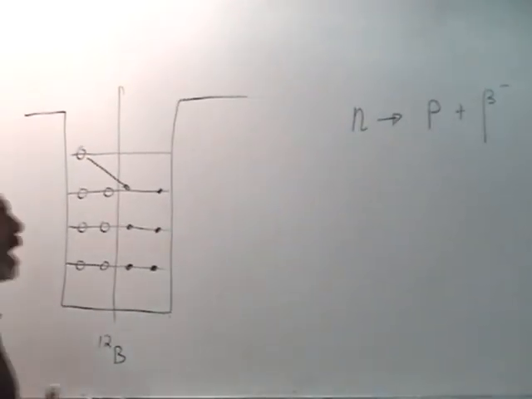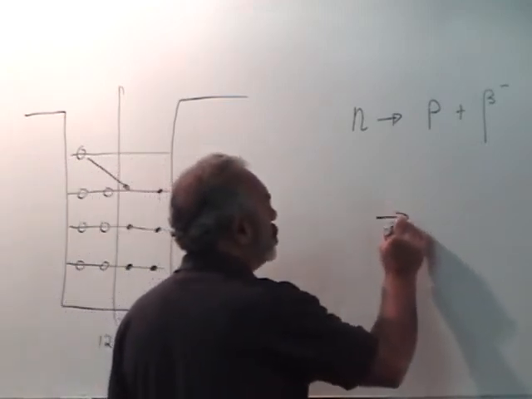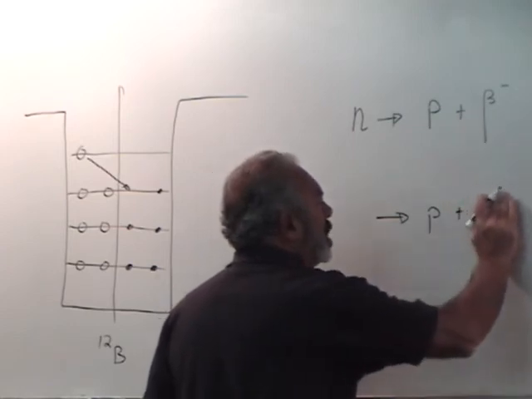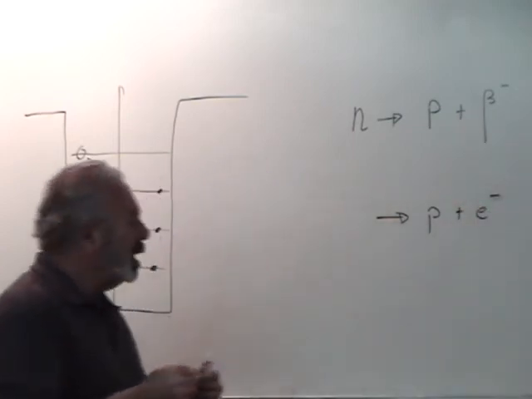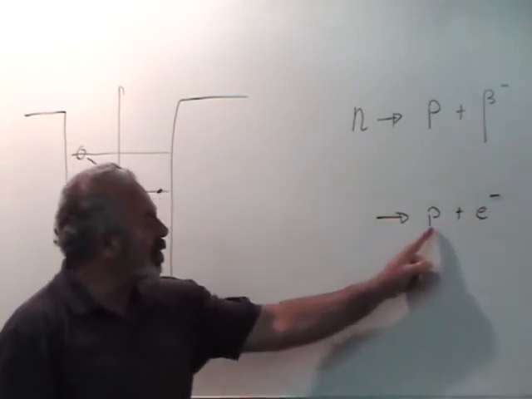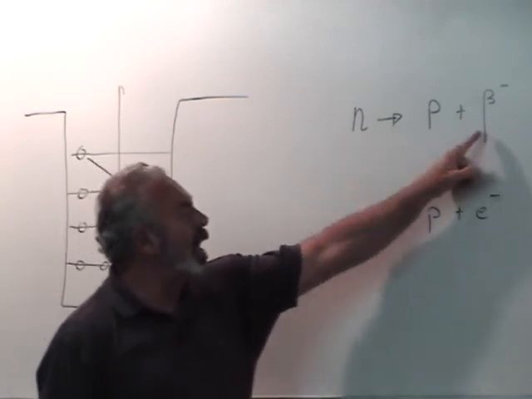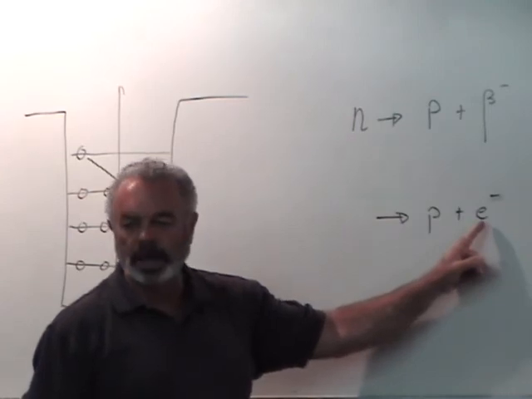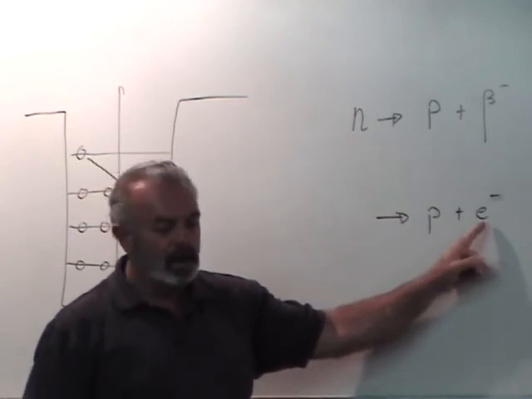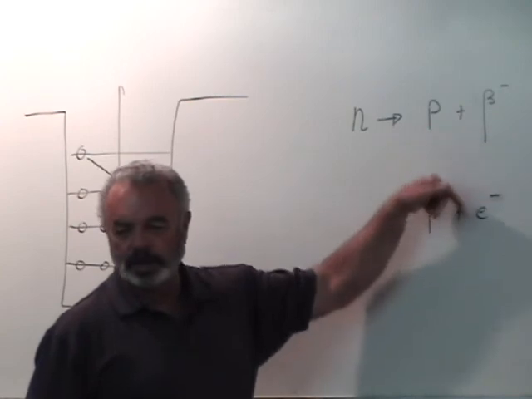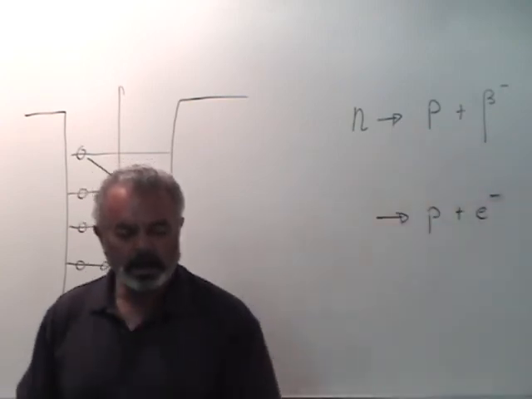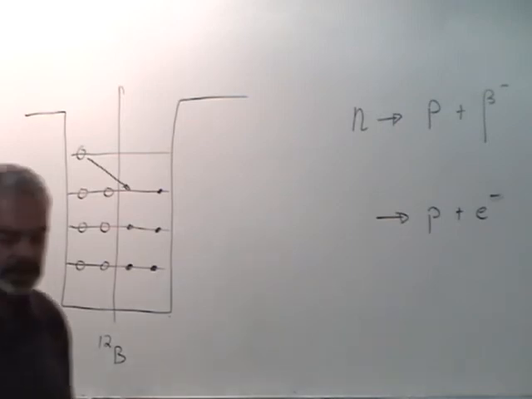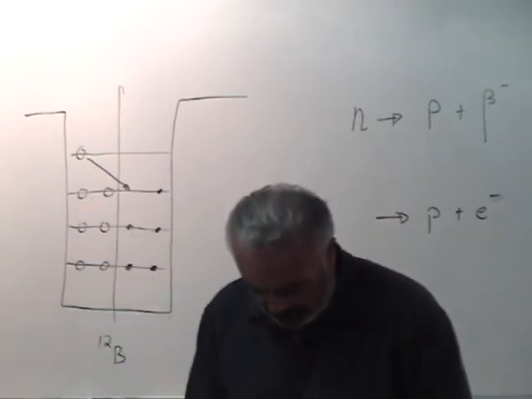By the way, some books, I don't remember what our author does, write proton plus an E minus, so this charge plus that charge equals a neutral charge, and some textbooks call it beta decay, some call it electron decay. It just depends. We thought these were two different things at first, that's why we gave them two different names. It doesn't matter. Beta minus is an electron decay, typically out of a proton, converting it from a neutron into a proton.